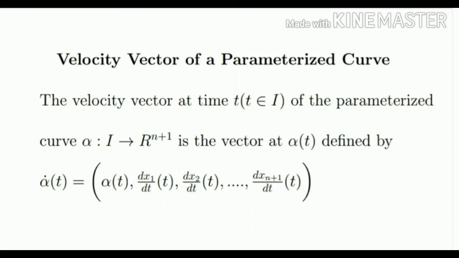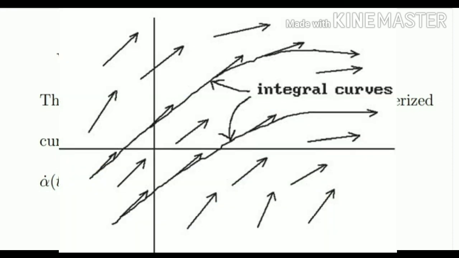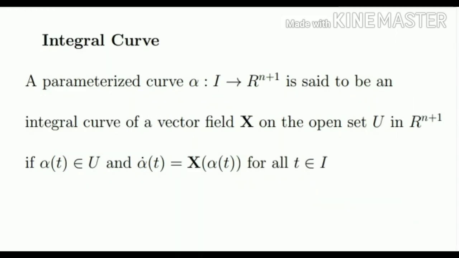For that, consider a vector field X in R^2 and draw a parameterized curve, that is a smooth curve in R^2, so that the velocity vector at each point alpha(t) is equal to X(alpha(t)). Then this parameterized curve is known as the integral curve of X. In general, we can define an integral curve of a vector field.